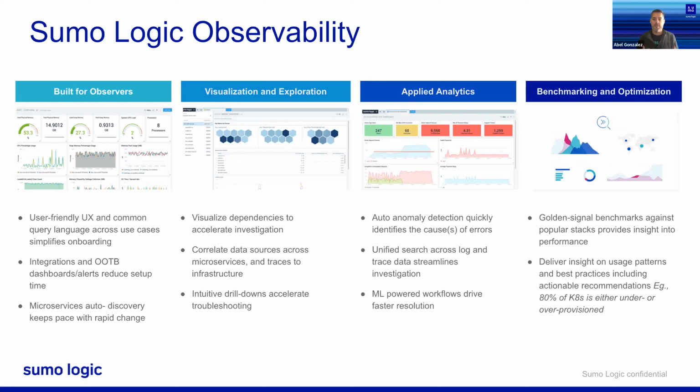And then our benchmarking and optimization. We're continuously updating our ability to grab these golden signals and then benchmark across all of the different deployments. Given that Sumo Logic is a multi-tenant system, we have visibility, anonymized, across all of the different deployments, which allows us to apply these analytics and then tell you whether a Kubernetes cluster is over-permissioned or under-provisioned, and what recommendations the system provides so that you can set those memory and CPU thresholds for all of your Kubernetes deployments.